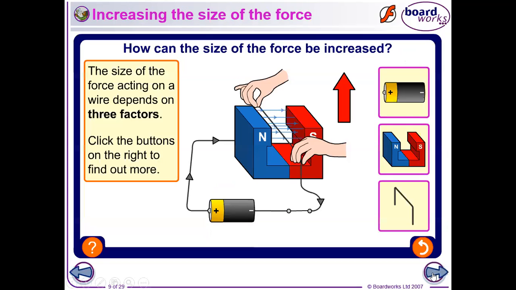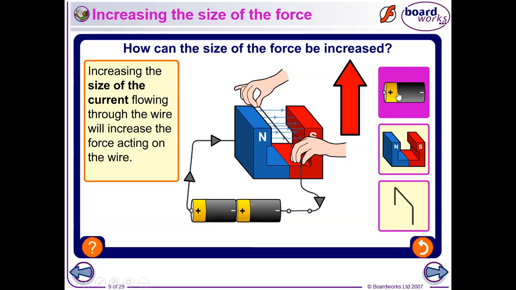Now, we can use Fleming's left-hand rule to determine the direction the wire moves in. Here, we can see what determines the size of the movement. If we include a bigger battery, or a bigger potential difference, which causes more current to flow, then you will have more of a force.